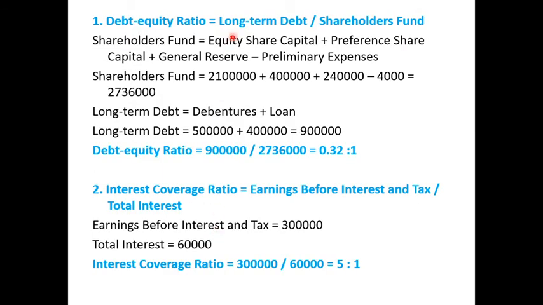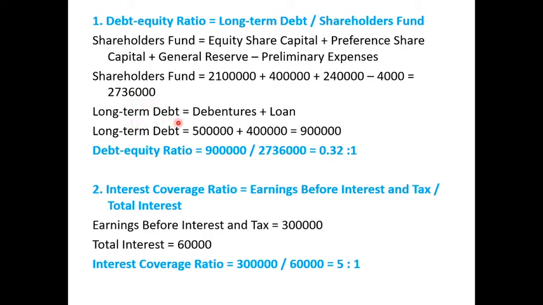Now debt equity ratio, the formula is long term debt divided by shareholder fund. Shareholder fund we need to calculate with the help of given information, that is equity share capital plus preference share capital plus general reserve, and then we need to deduct preliminary expenses. So shareholder fund we are getting 27,36,000.